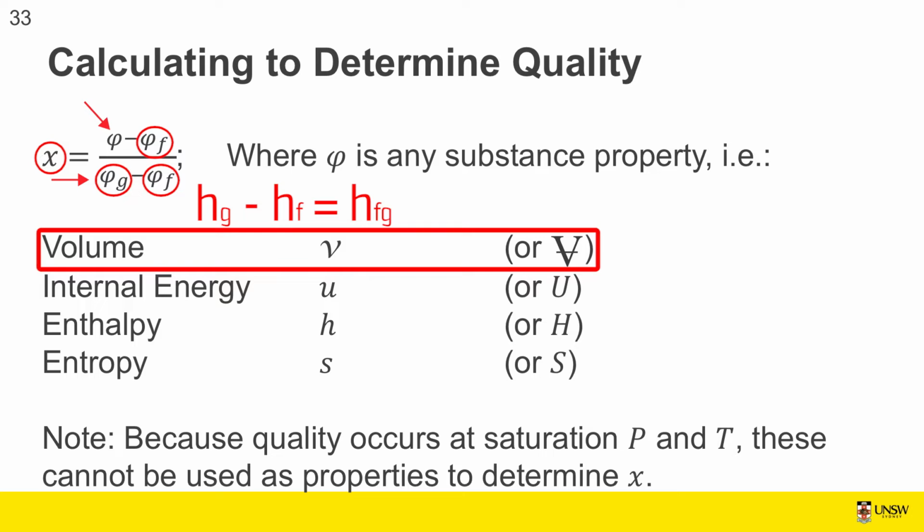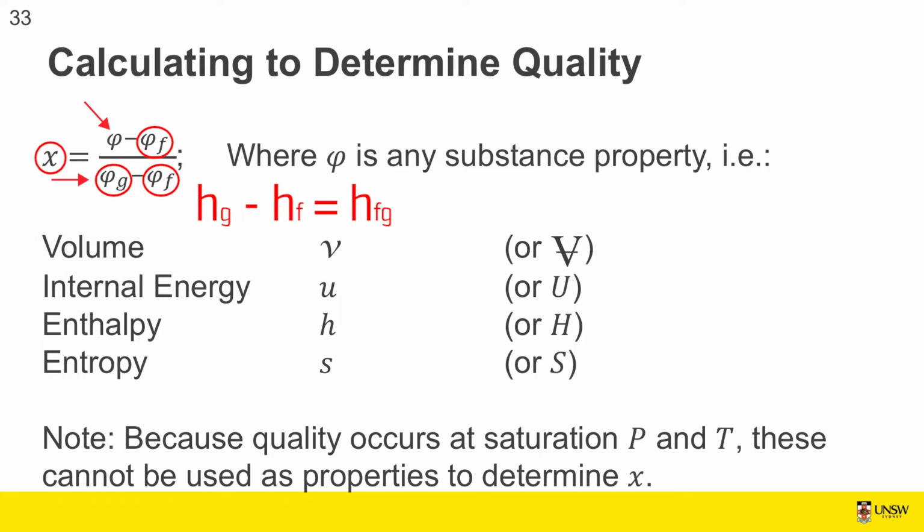So knowing the specific volume, we can calculate the specific entropy. We can calculate the enthalpy. We can calculate the internal energy using the same formula. We just make a different term the subject. In this, X is the subject of the formula. If we make phi, where phi is any of these, the subject of the formula, then it always works.